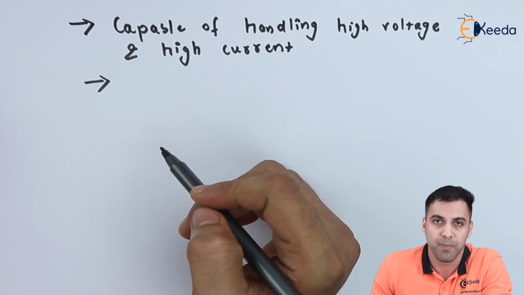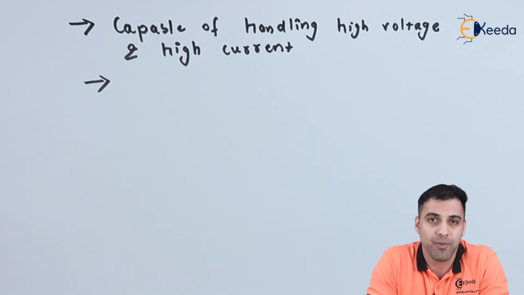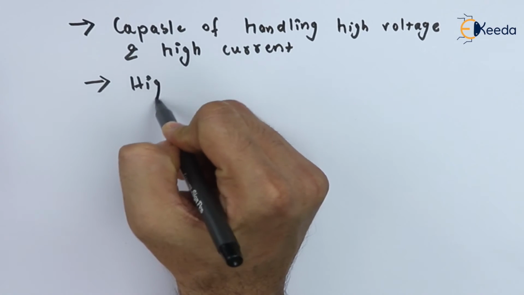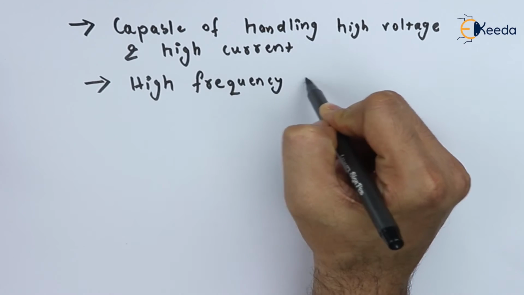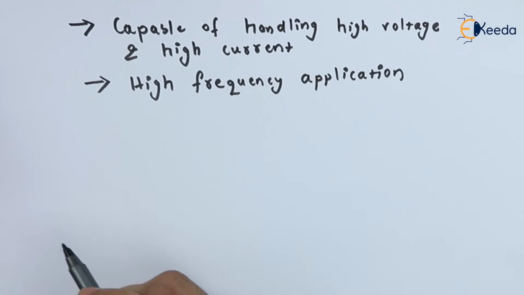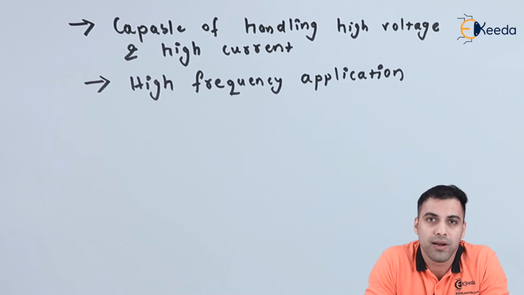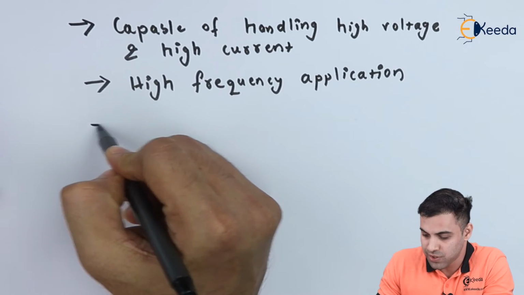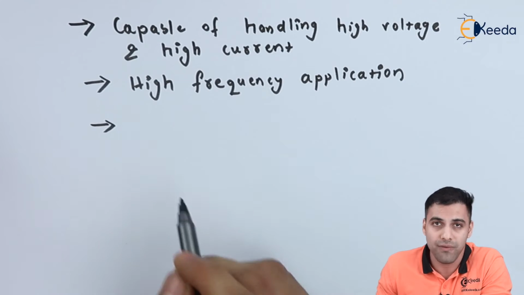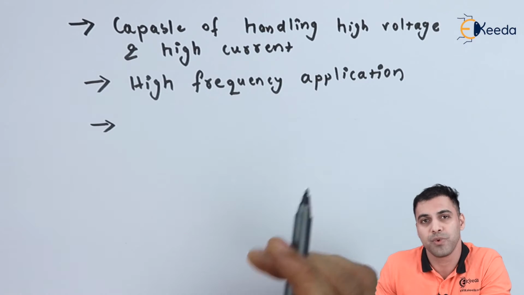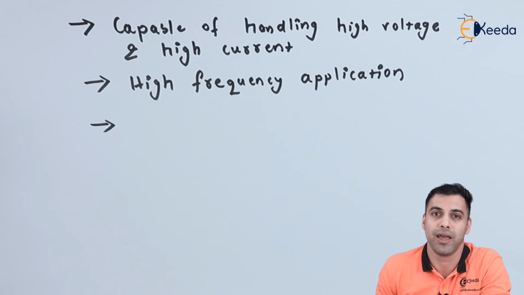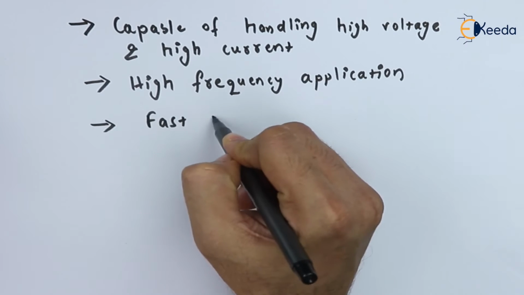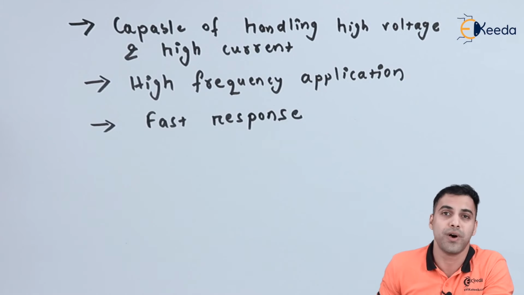Number two, a power MOSFET is designed in such a way that it is capable of operating in very high frequency applications. If a power semiconductor is able to operate at a very high frequency, that means it must be very fast. So the third point would be the response of the power MOSFET is very high or very fast. So there is a fast response.